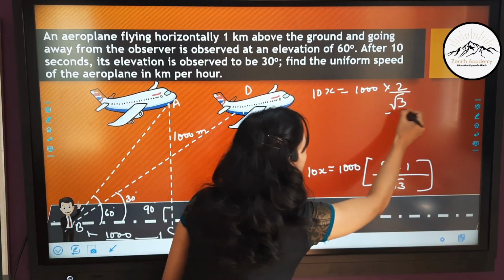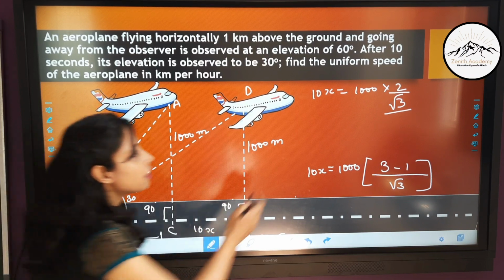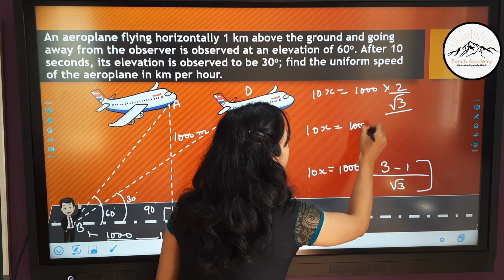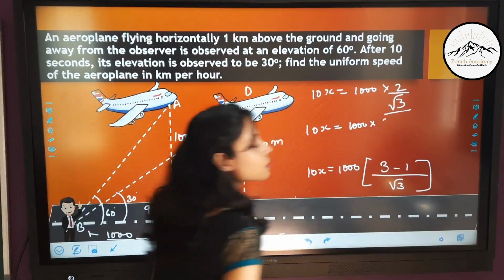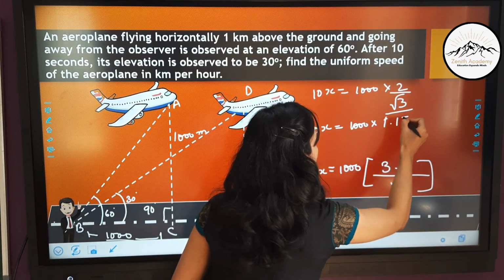The value of 2 by root 3 will be provided to you in the question. So here I am taking the value of 2 by root 3 as 1.1547.